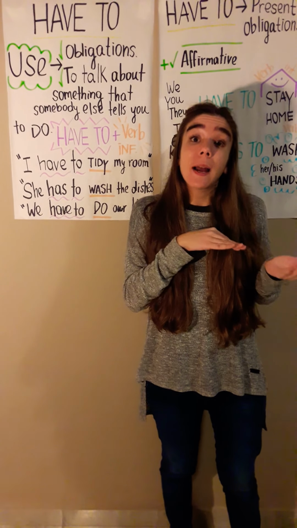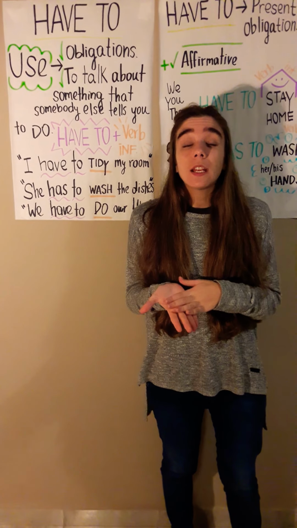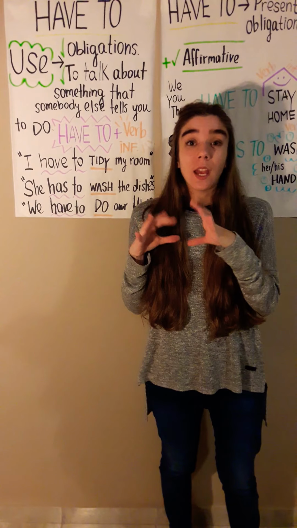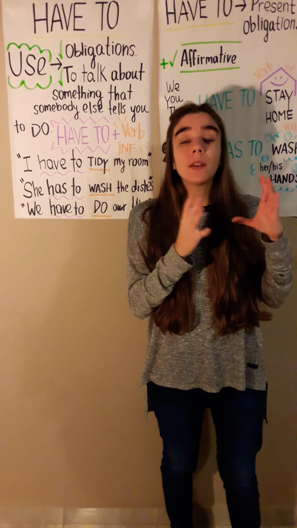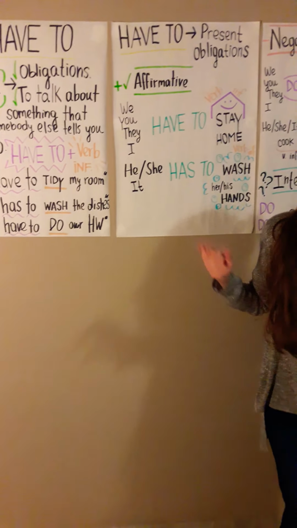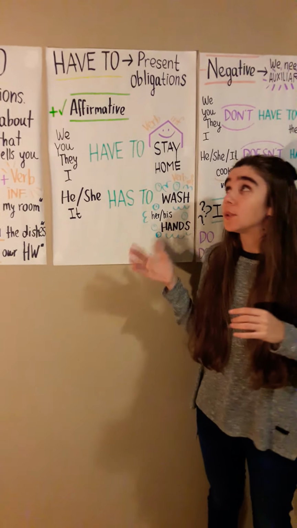Have to va a cambiar dependiendo del sujeto, okay? Remember that in English we have one group, I, you, we and they, and another group, he, she, or it, okay? So, let's see the forms, the different forms of have to.